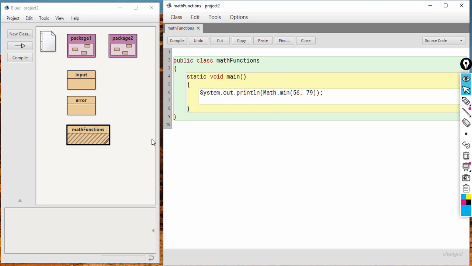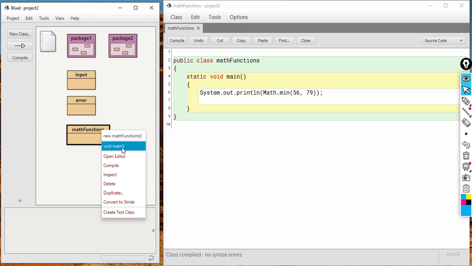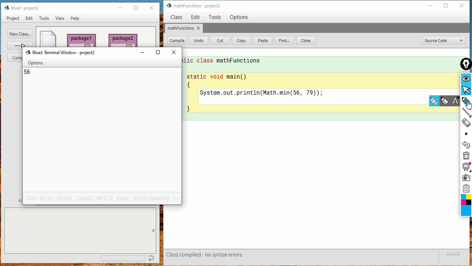Okay. So the answer will be 56 as integer. The smaller number between 56 and 79 is 56. So the answer is 56. Notice the return type, it's integer because the values are also integer.